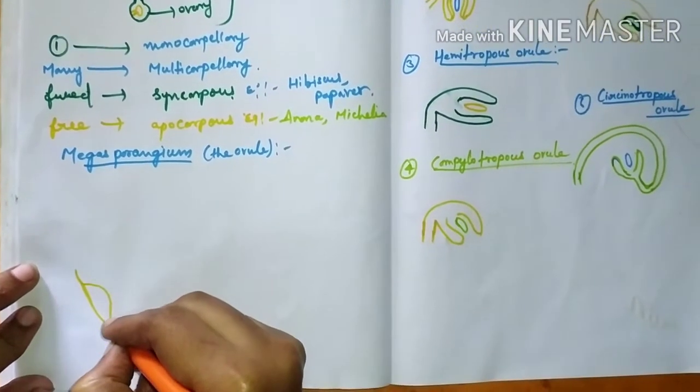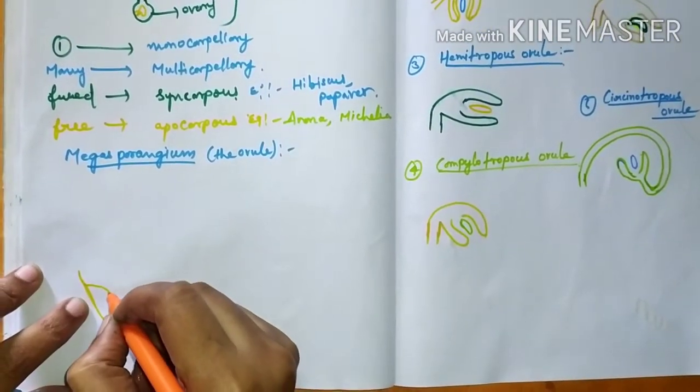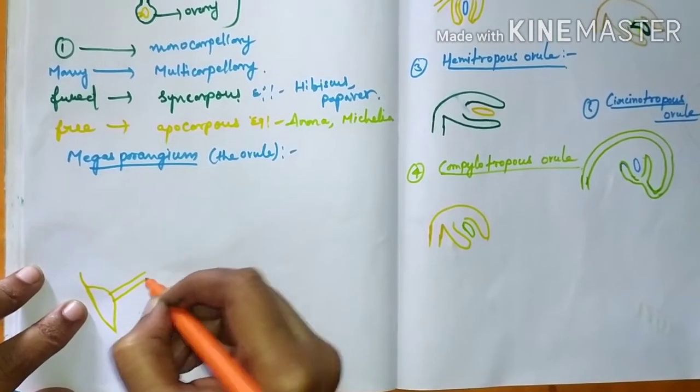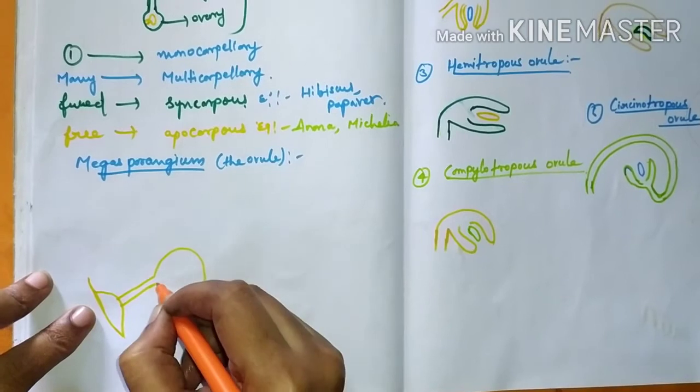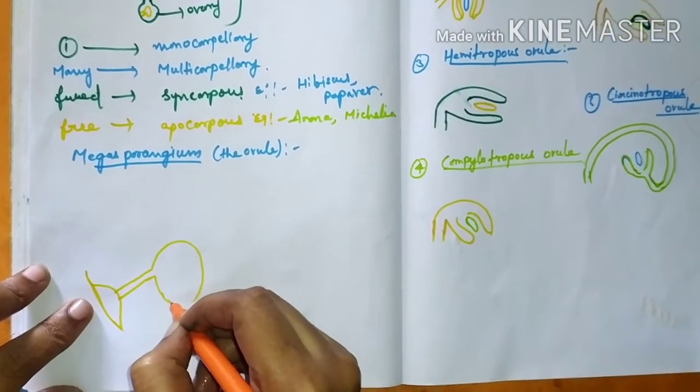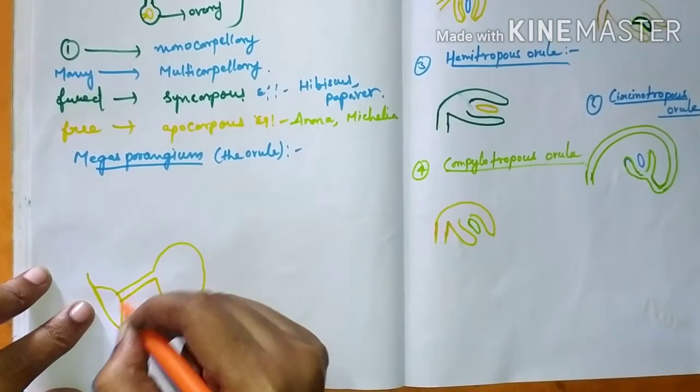So this is the placenta. From the placenta, the funicle arises, and this is the part of the body of the ovule.